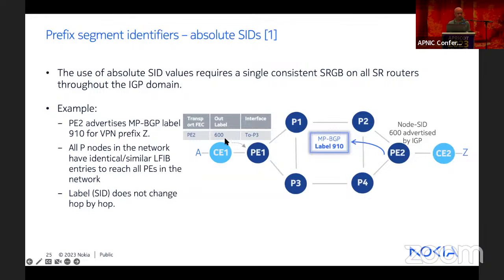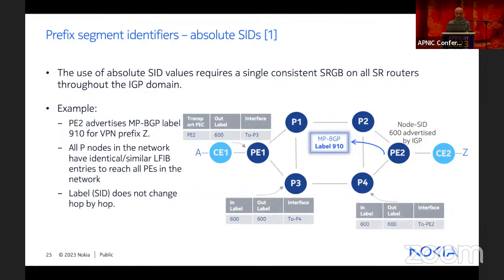That's the node SID for PE2. And these are your intermediate nodes where in label 600, out label 600. Very simple, similar to the last example. It gets to PE2, out label is a POP. But this is a slightly different scenario where you've configured a VPN.